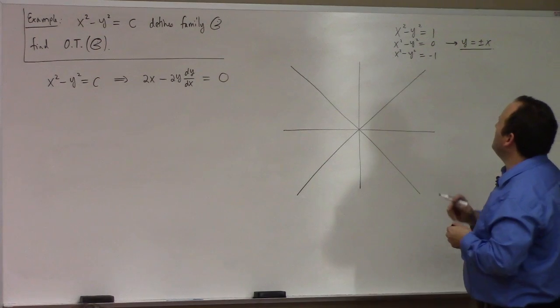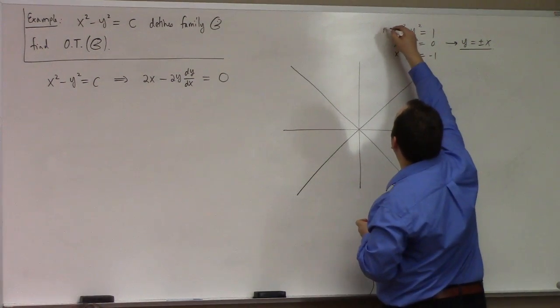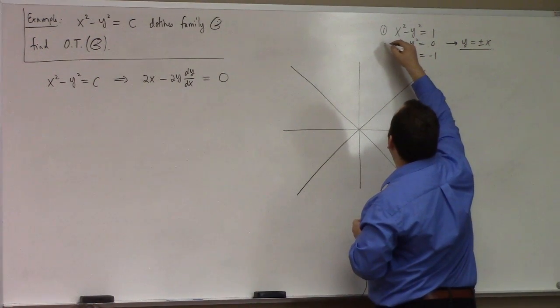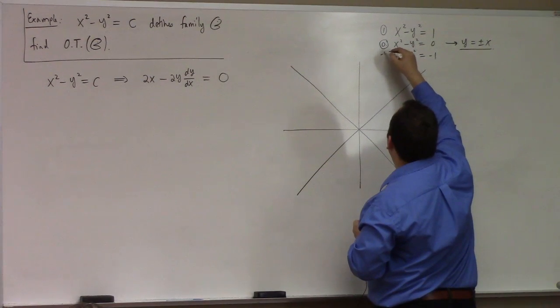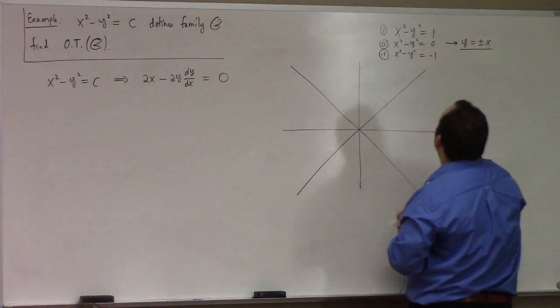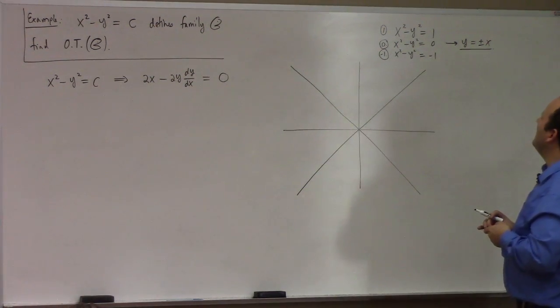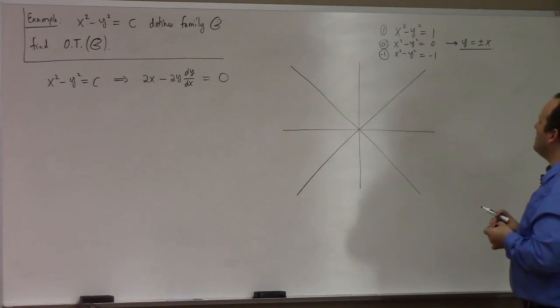If in the first equation, what happens when you put x equal to 0?